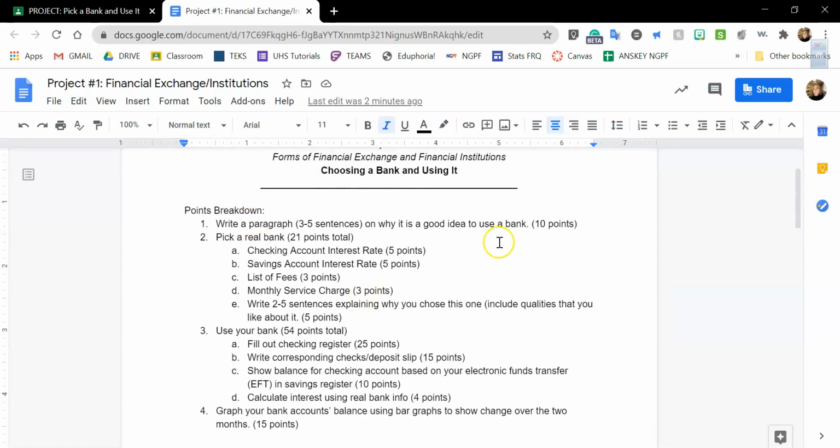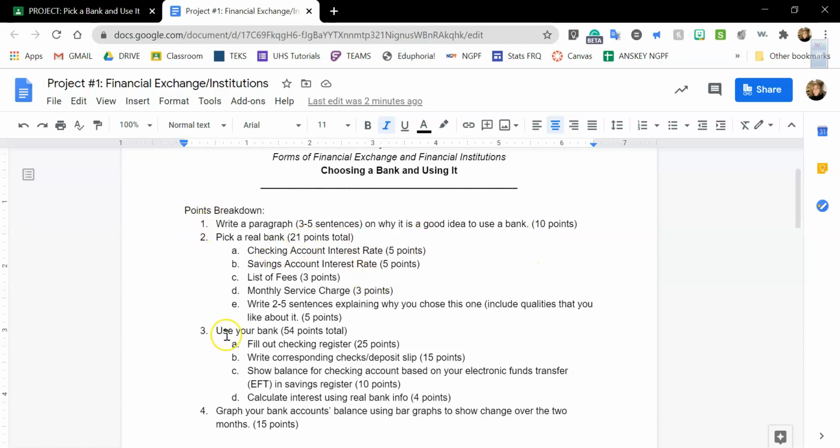And so each part, the rubric tells you how many points each thing's worth. By the end of Wednesday, today, you should have 31 points, because I want you to finish parts 1 and 2.